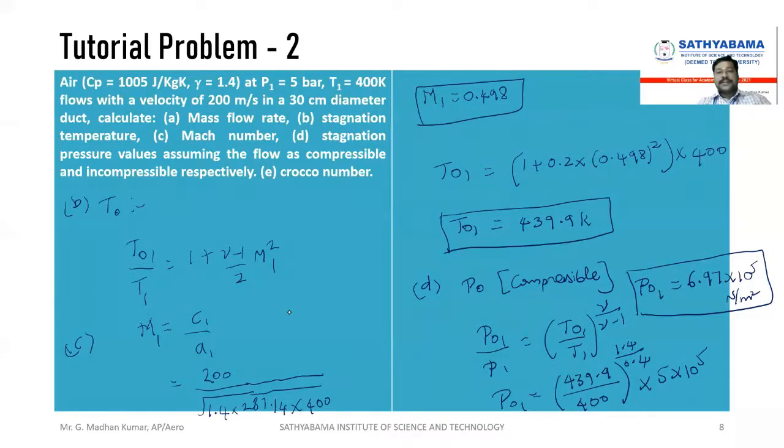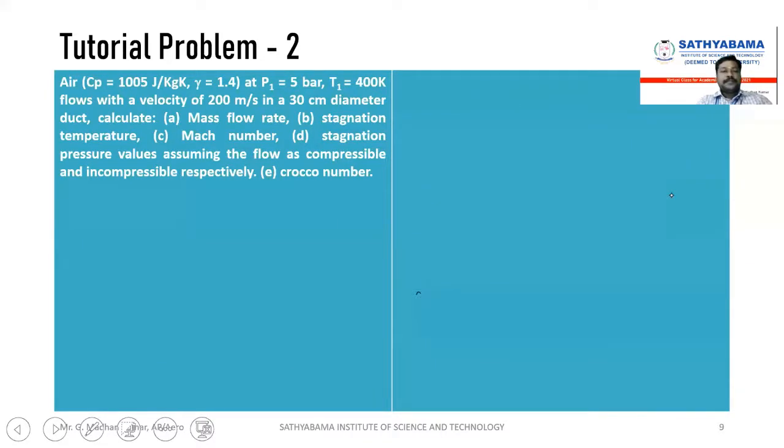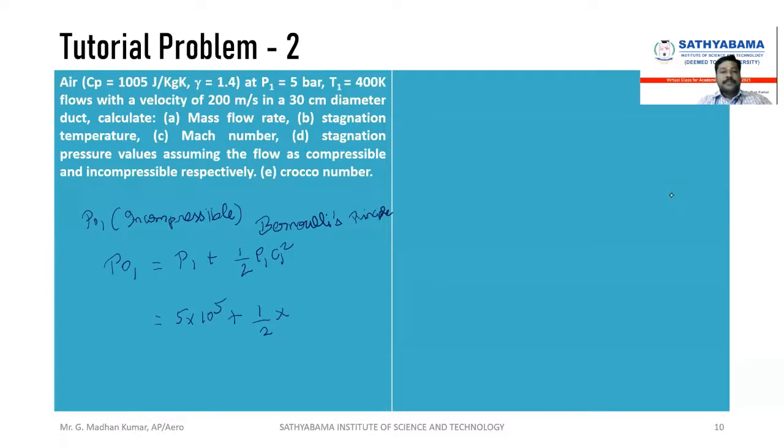In the initial case, we found the value of rho 1. Yes, rho 1 is equal to P1 divided by R T1, the same relation.